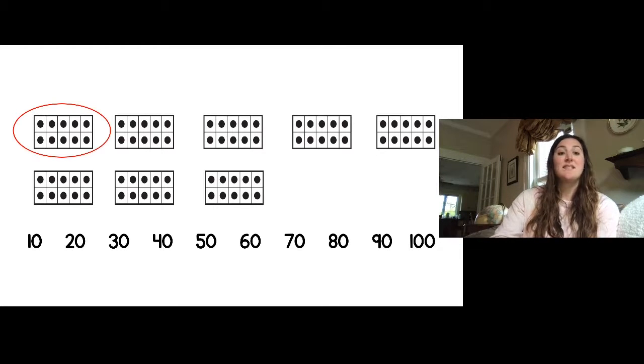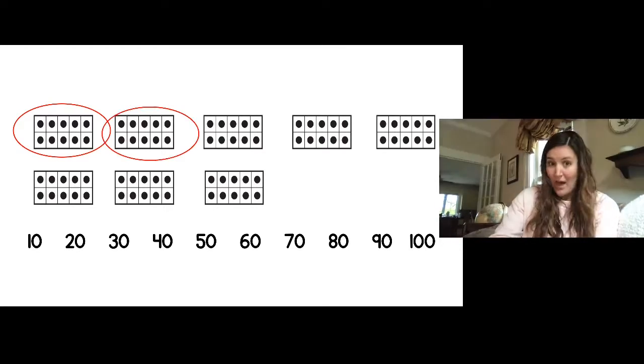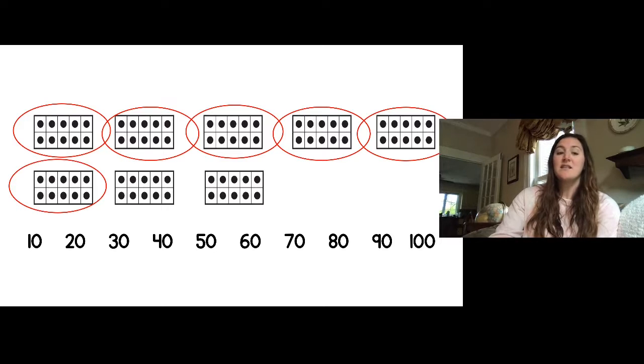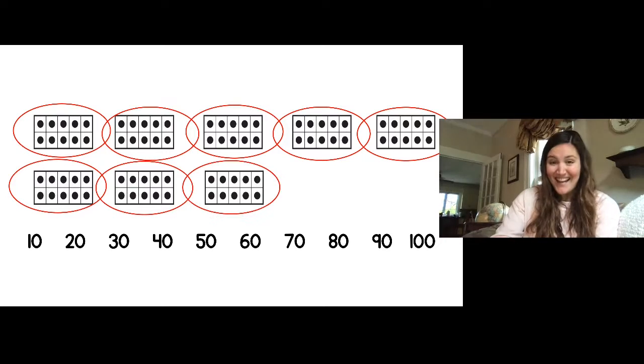So this is 10, 20, 30, 40, 50, 60, 70, 80. So there are 80 counters. Now I need to find the number that shows the number 80 because I counted 80 counters.